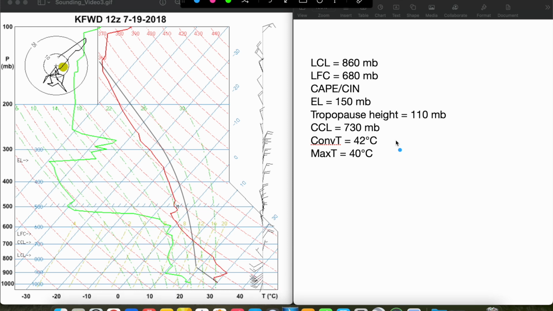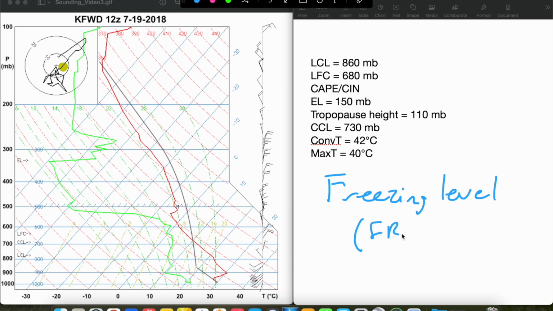We will start off today by looking at a pretty simple parameter, but it does have some importance when we're talking about the potential for large hail or the precipitation type near the surface in winter weather scenarios, and that is the freezing level. The freezing level is basically exactly what it sounds like.